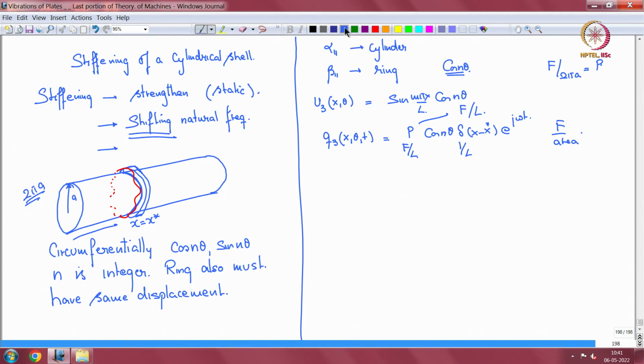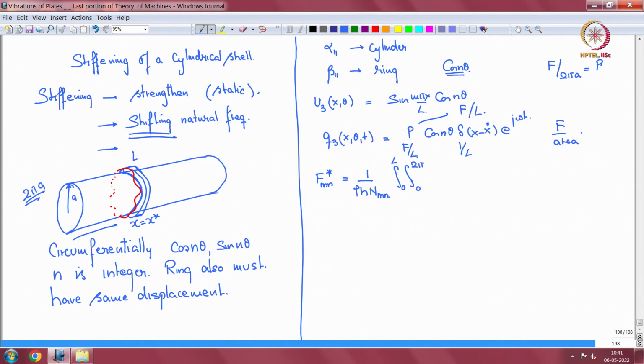So now what is the Fmn star corresponding to this? Fmn star is equal to 1 over rho h Nmn, integral 0 to a, integral 0 to L, integral 0 to twice pi.